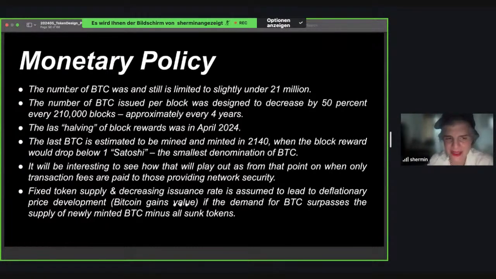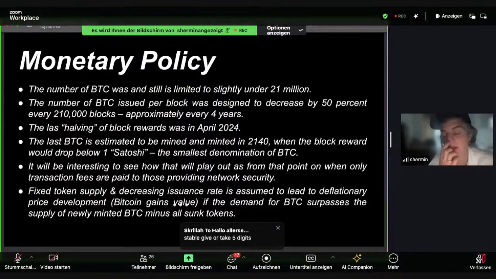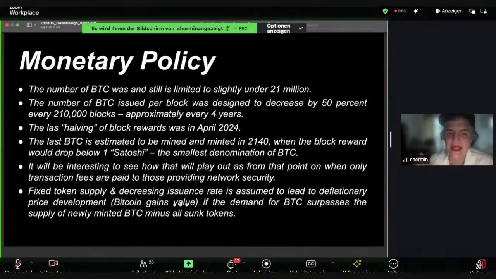Really, it is unclear. It is assumed that transaction fees that are paid to mining node operators will still secure the system, but honestly, it is still unclear. And it also depends on the price of Bitcoin and the demand for Bitcoin. Token supply is fixed, it's rigid.